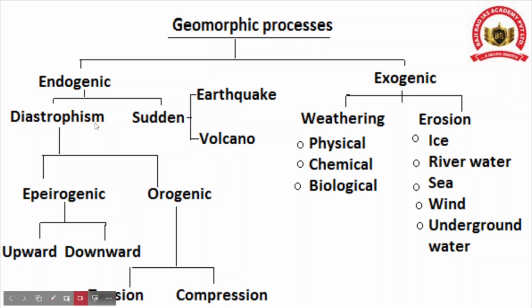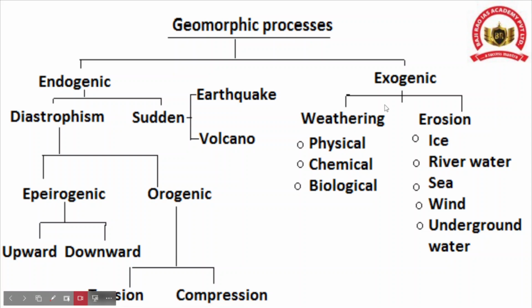Diastrophism is further classified into epirogenic and orogenic. In the epirogenic, the movement is either upward or downward, which is otherwise called sinking. The orogenic usually involves formation of mountains and ranges, and it involves compression and fusion.